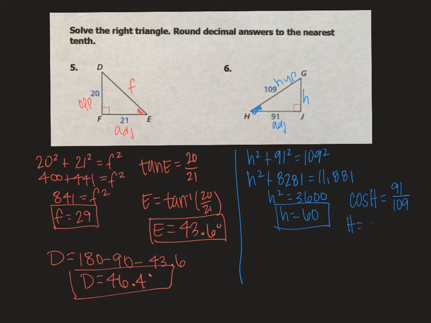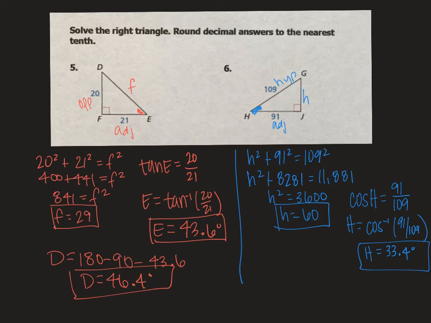I'm going to do my inverse cosine to solve for that angle. So second cosine in my calculator, 91 divided by 109 gives me about 33.4 degrees for angle H.